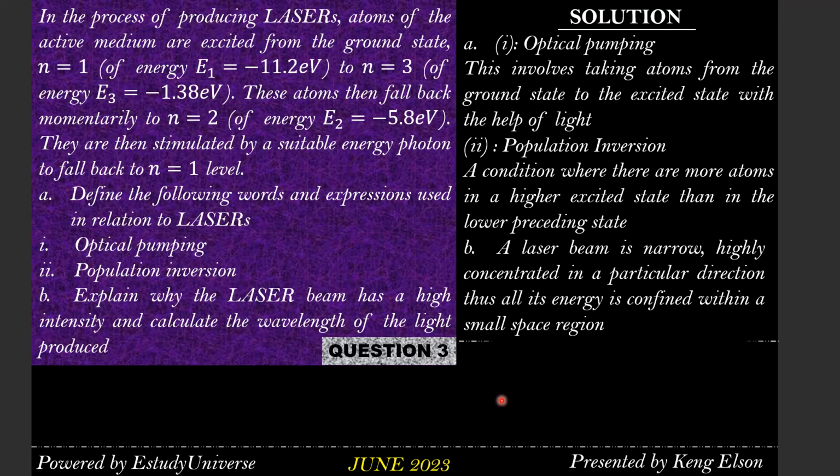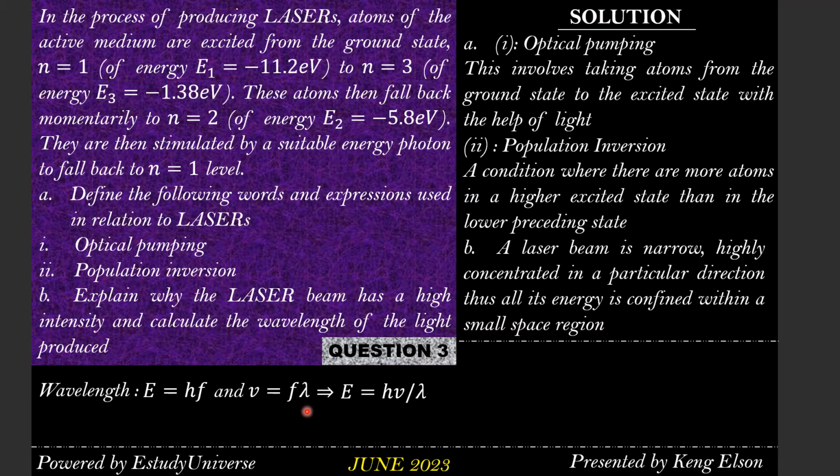Basically, let's first relate the energy of a photon to the frequency and Planck's constant. The energy is E equals hf, where h is Planck's constant and f is the frequency, and we know that v equals f lambda, where v is the speed of light, f is the frequency, and lambda is the wavelength of that light. So f becomes v over lambda.